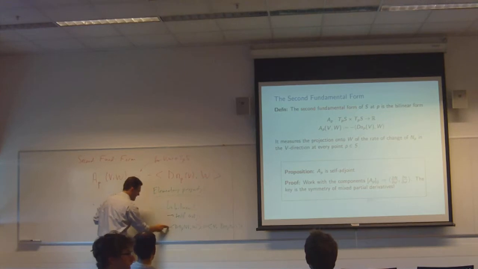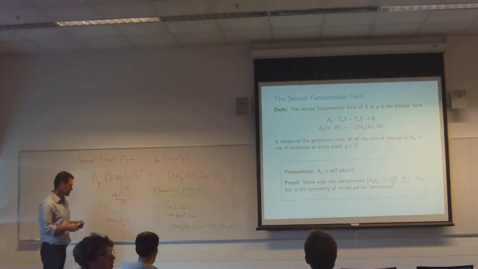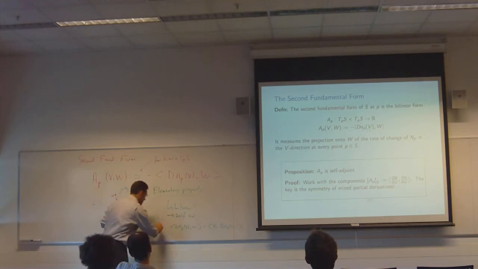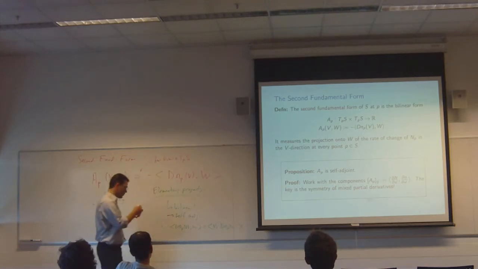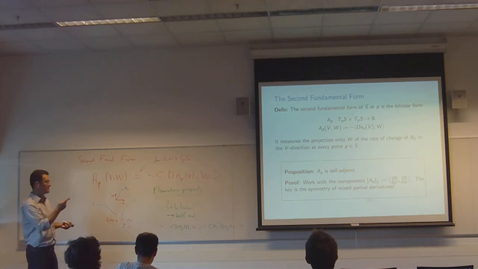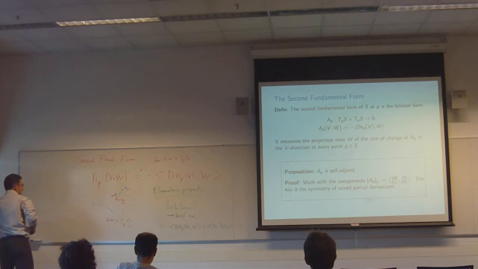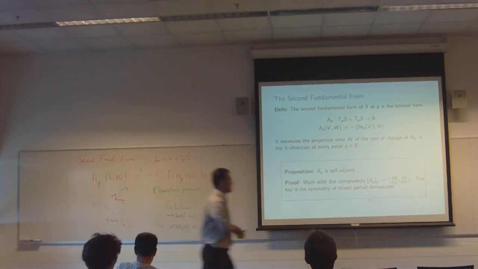So maybe I'll just drop the minus signs. They're redundant in this case. So this is what we're going to prove: that the order of V and W doesn't matter. Then we have a self-adjoint bilinear operator.